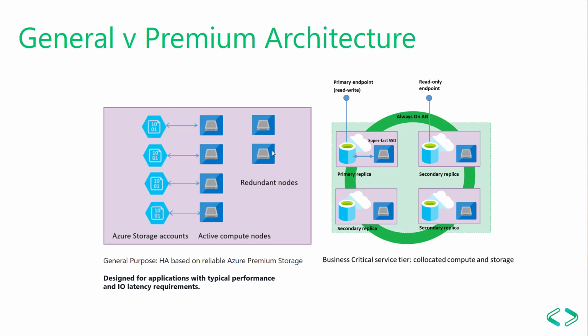So all of the nodes have the same data, and some of the secondary endpoints can be set to be read-only, so you can scale out reads as well, and you've effectively got geographic failover. So this business critical tier, as it's called, is obviously aimed at applications that want the very best in terms of latency and availability.